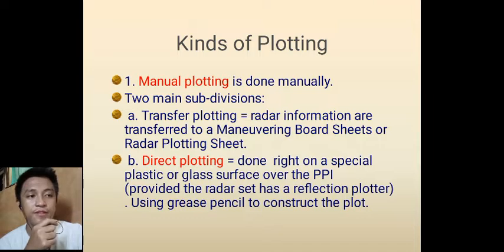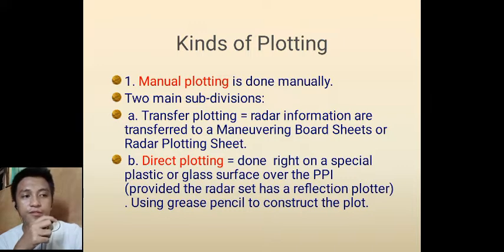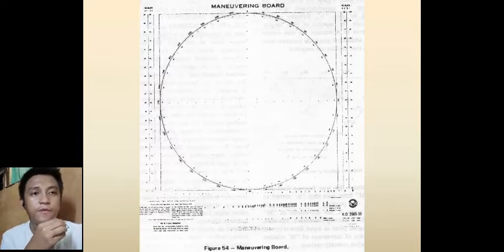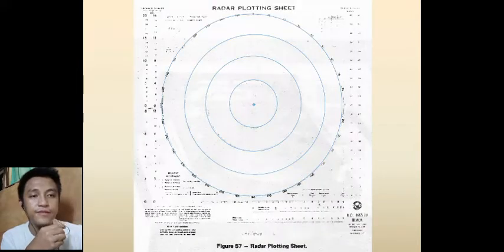It is done right on a special plastic or glass surface over the PPI, provided the radar set has a reflection plotter, using a grease pencil to construct the plot. These two pictures are examples of plotting sheets: the maneuvering board and the radar plotting sheet. So that's all.